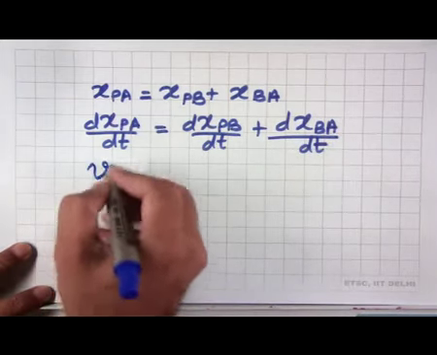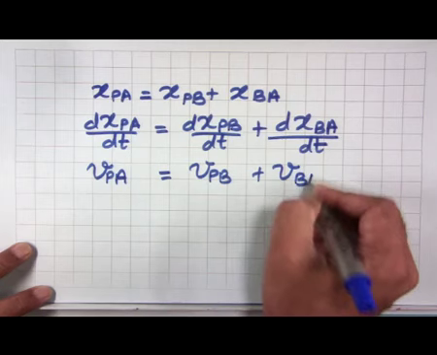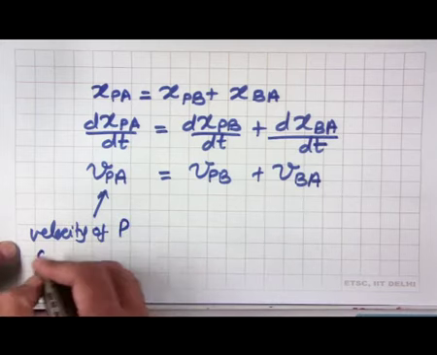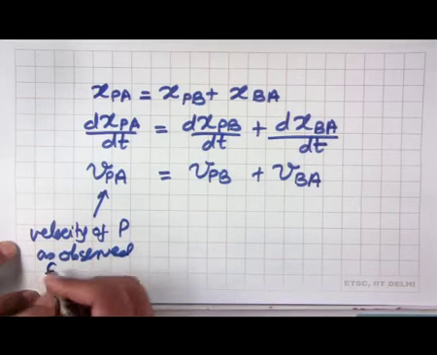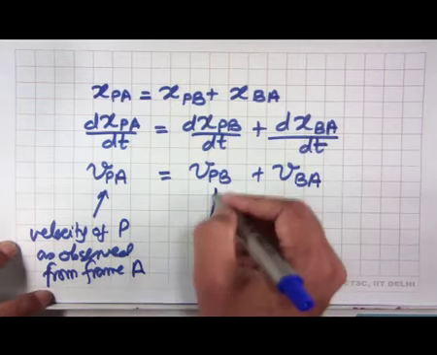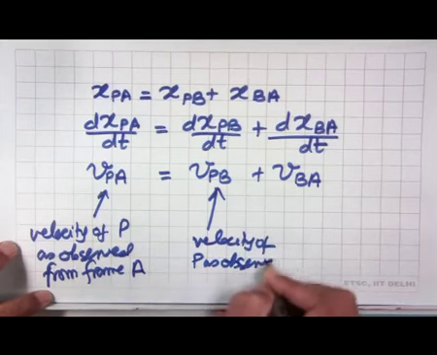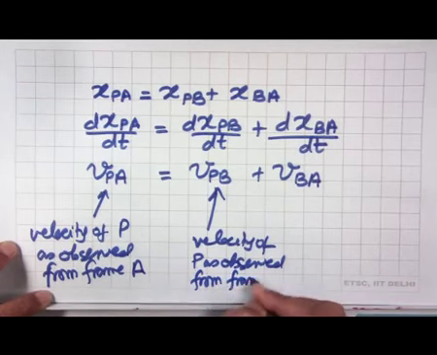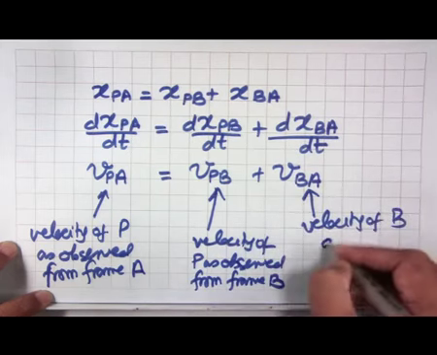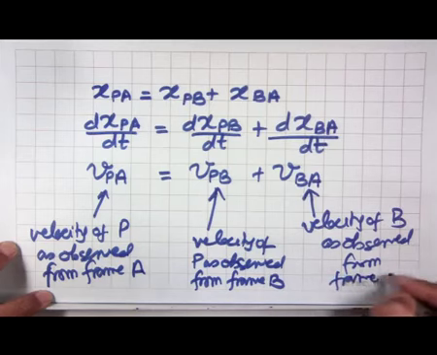And this we can write as VPA equals VPB plus VBA, where VPA is the velocity of P as observed from frame A, VPB is the velocity of P as observed from frame B, and VBA is the velocity of frame B as observed from frame A.